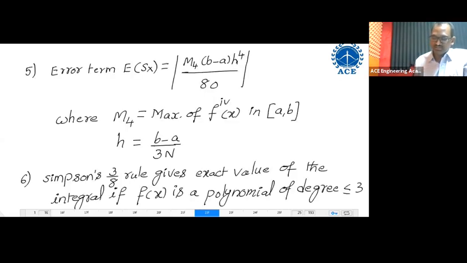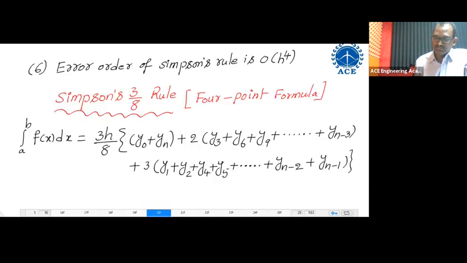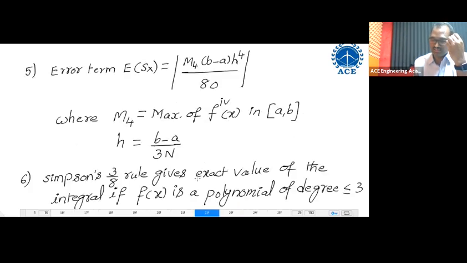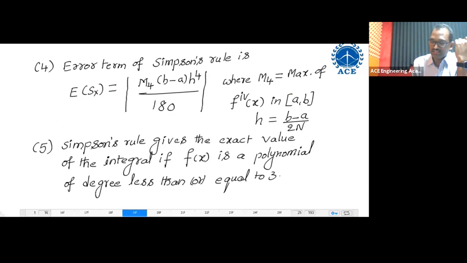Listen to me, everyone. Regarding error, Simpson's 1/3 rule has denominator 180, and Simpson's 3/8 rule has denominator 80. Denominator 180 is larger, so 1 by 180 is smaller than 1 by 80.